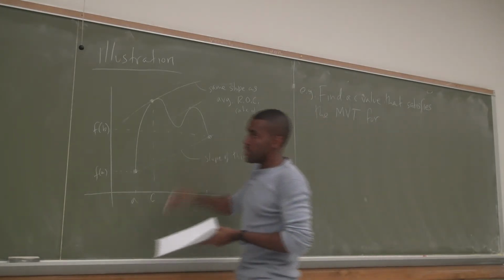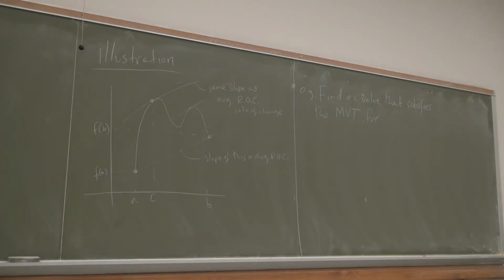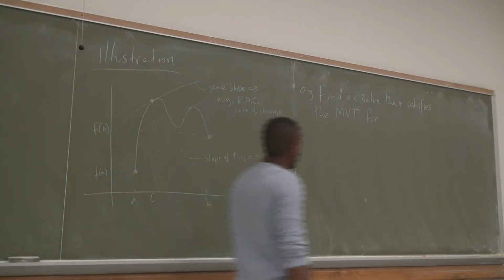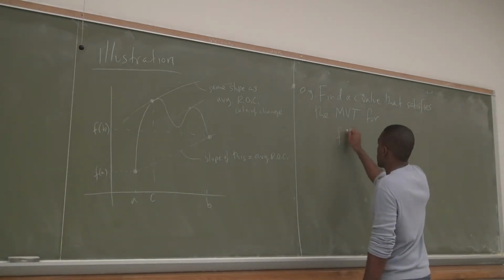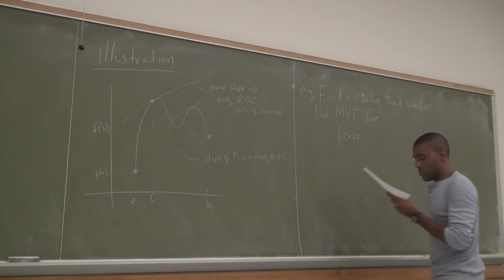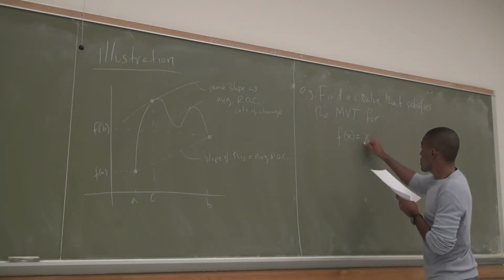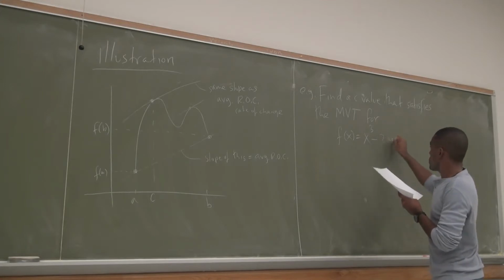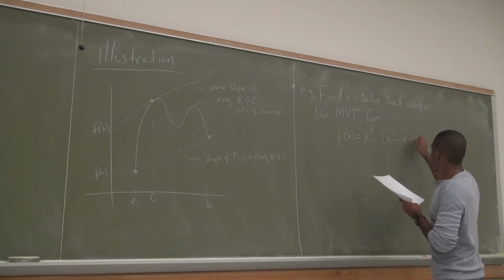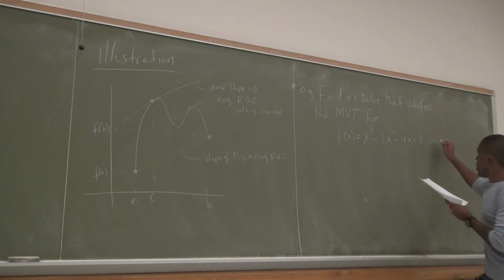By the way, MVT is just short for mean value theorem. That's a very typical abbreviation. So I want you to apply the mean value theorem to this function on this interval.